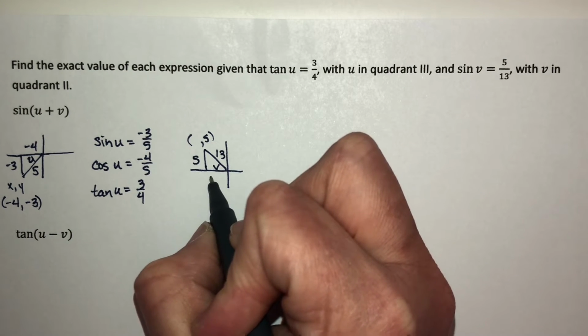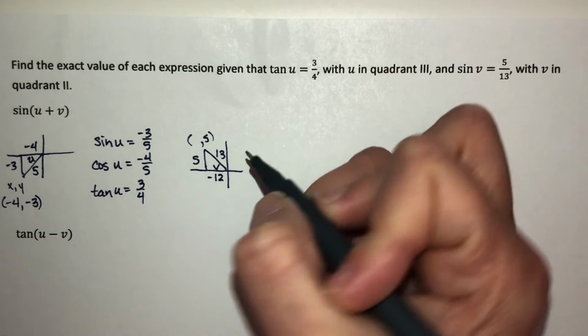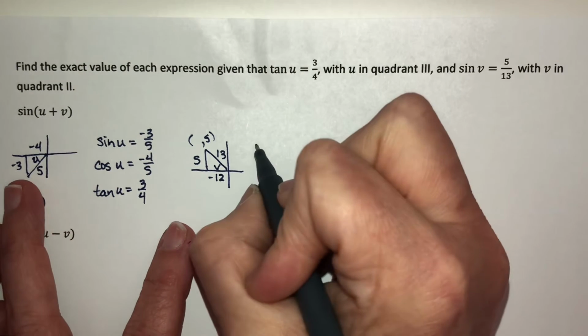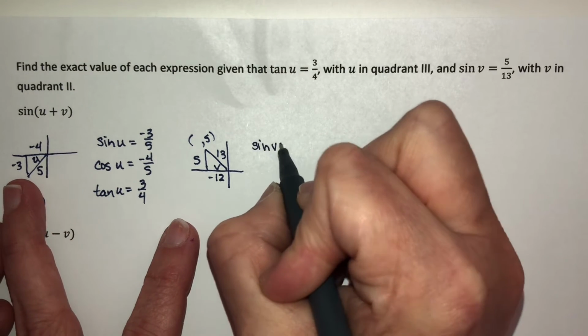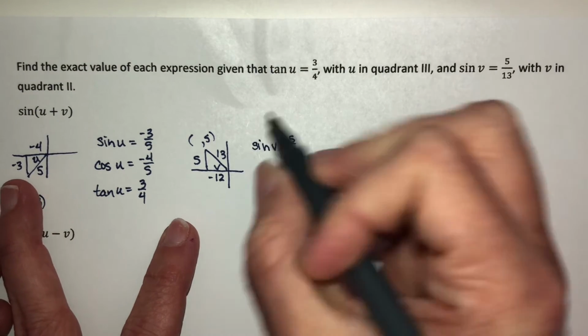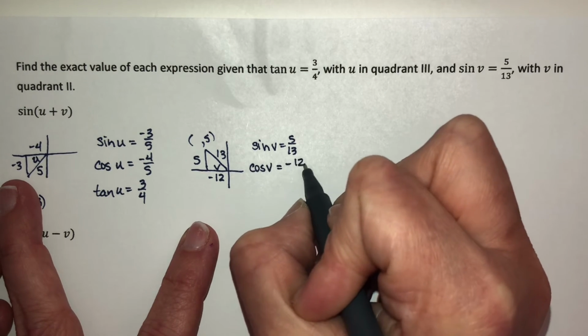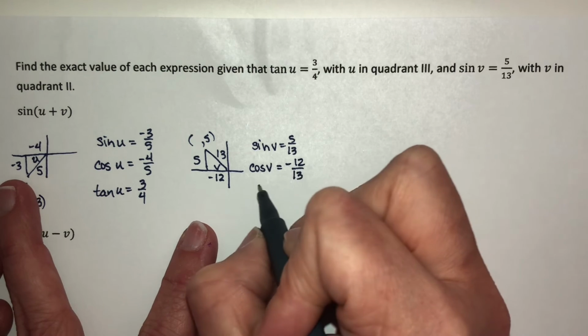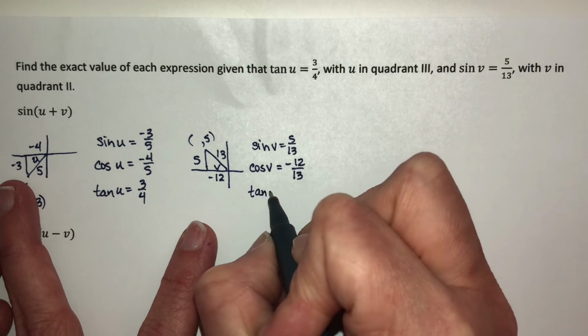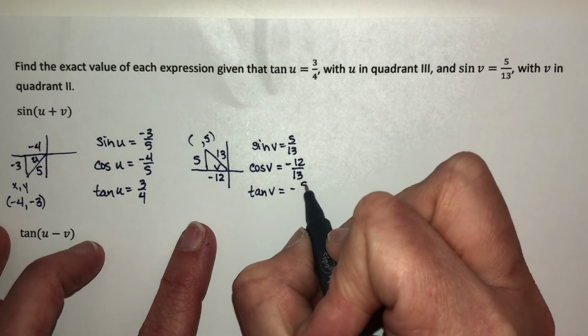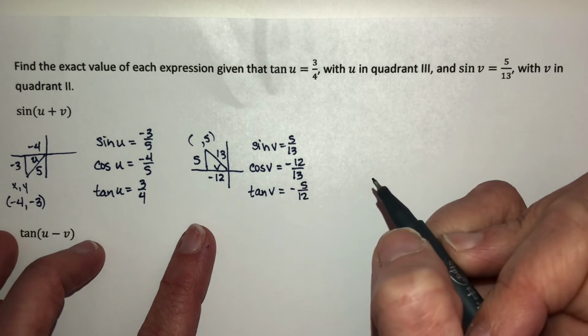This is going to be -12. So we know sine of v is 5/13. Cosine of v is -12/13. And tangent of v will be -5/12.